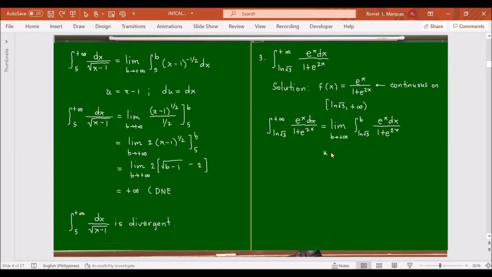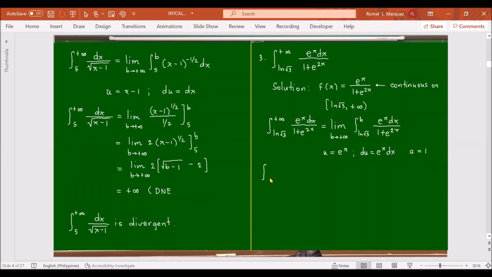So here we can let u be e to the x so that its du is equal to e to the x dx, okay? So our a here is equal to 1.